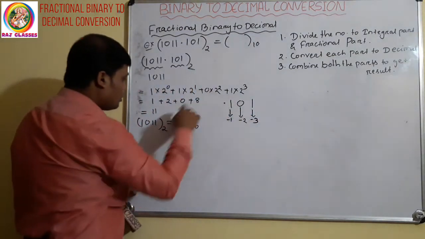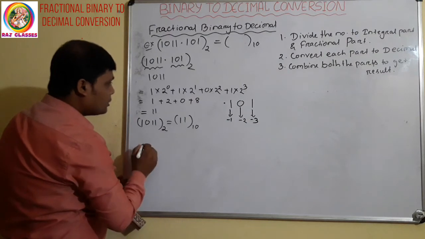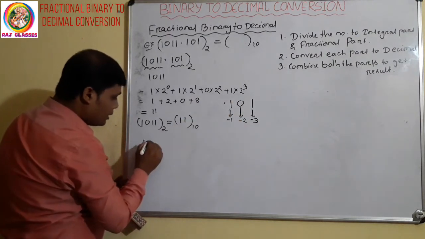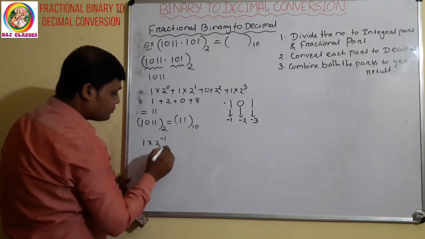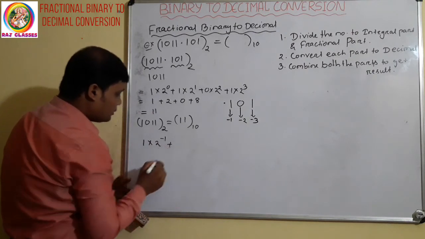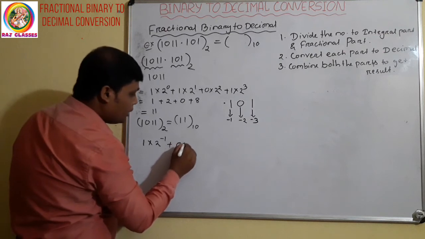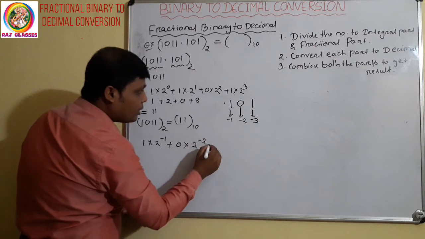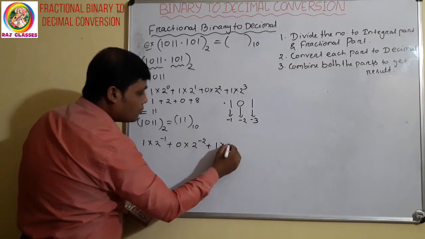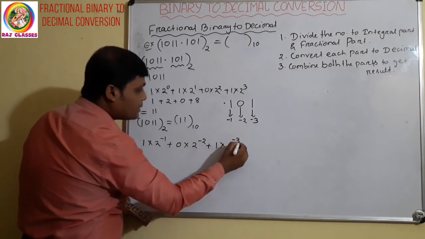Understood? So same process. This will be 1 into 2 to the power -1, plus 0 into 2 to the power -2, plus 1 into 2 to the power -3.